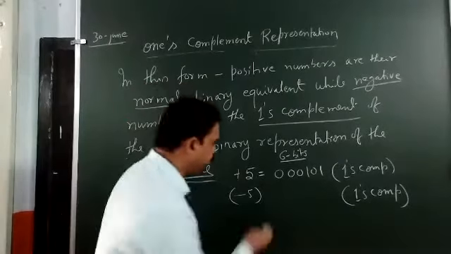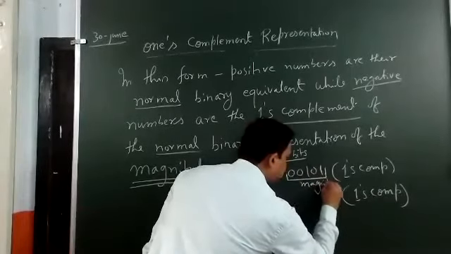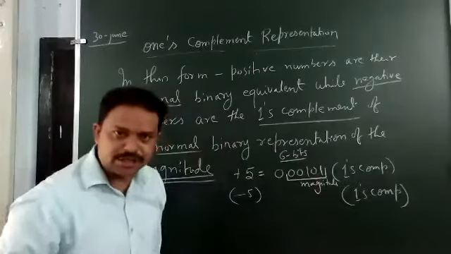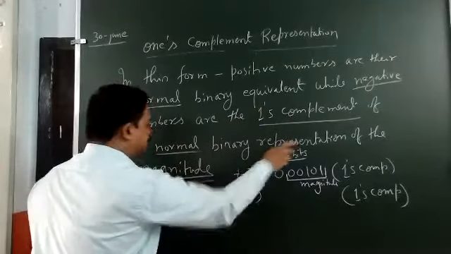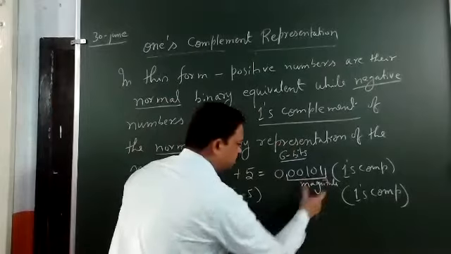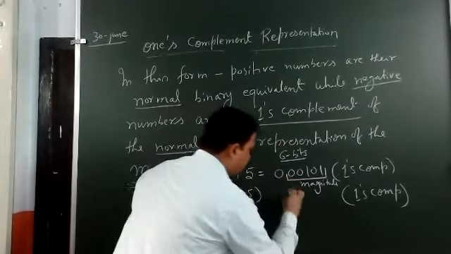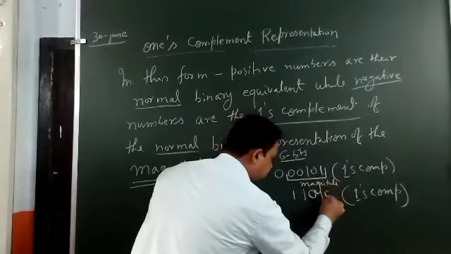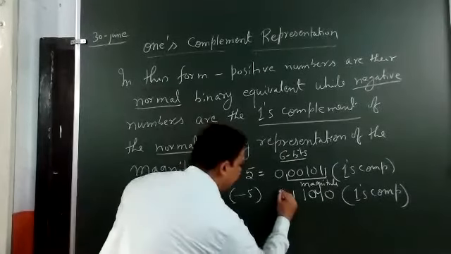This part is called magnitude. Take the one's complement of the magnitude: this 0 make it 1 and 1 make it 0. So I am going to write here 1, 0, 1 and 0. And since it is a negative value, write down here 1.